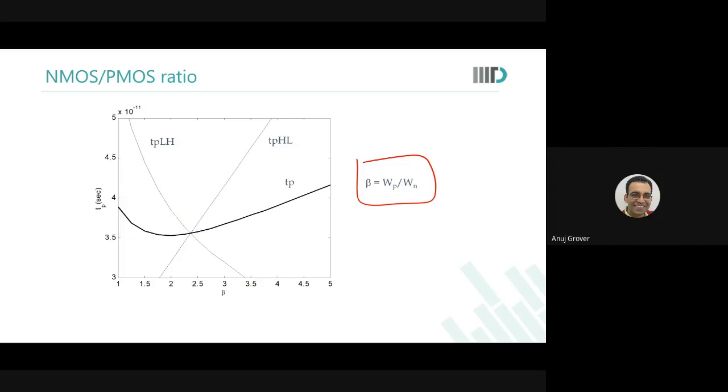Additionally, if you maintain the same levels of supplies, then your VSAT will set in. In short channel devices, with the same level of supplies, the electric fields will be so high that your velocities will be saturated and many other such effects will start to figure in. So you do not really gain in terms of drive strength or current when you have very high supplies.